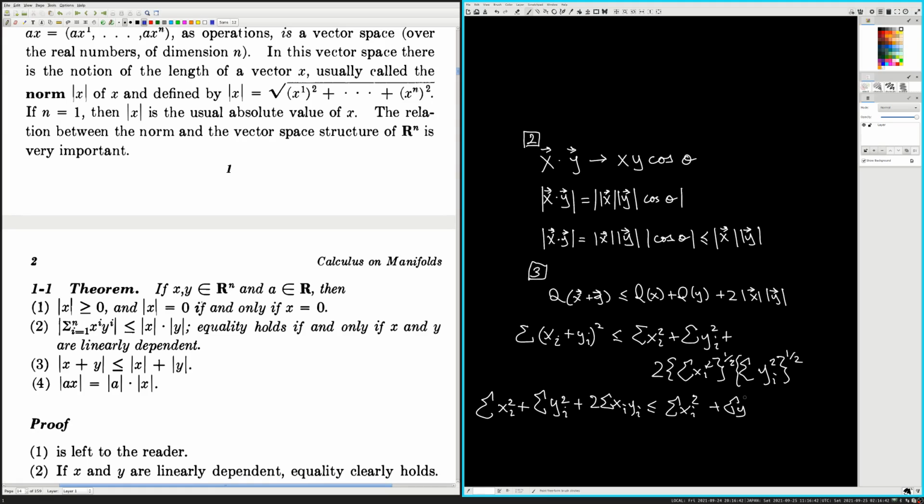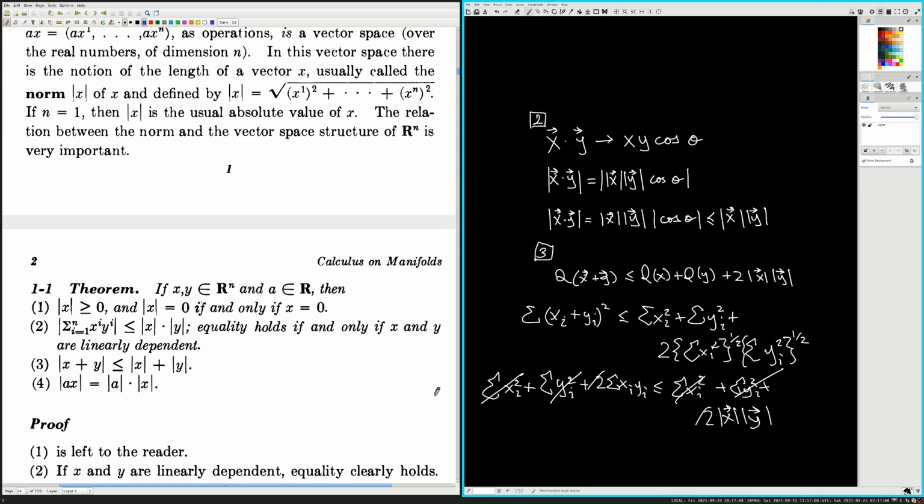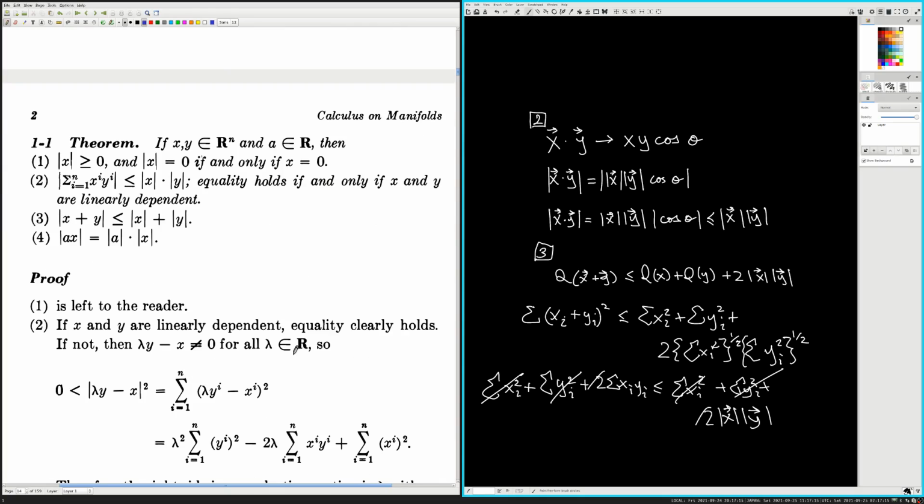I'm just rewriting the right-hand side of the equation. Plus 2. Well, if we cross out this and this because they're the same, this and this because they're the same, and then we cancel out the 2's, we just get part 2. So part 3 reduces to part 2. And then part 4 I think is fairly obvious if you just plug it in.